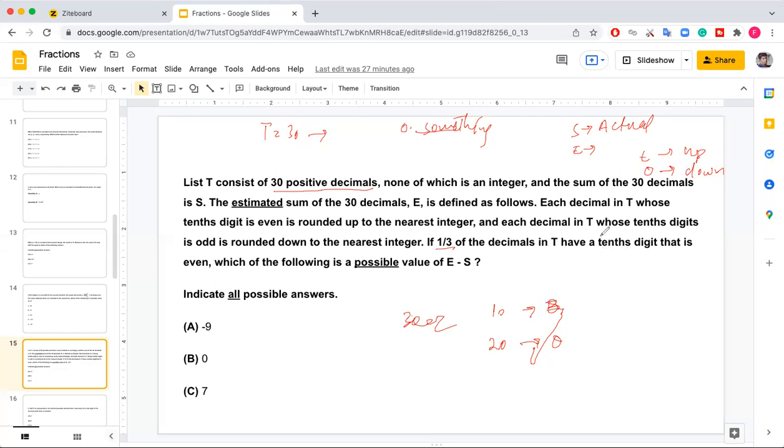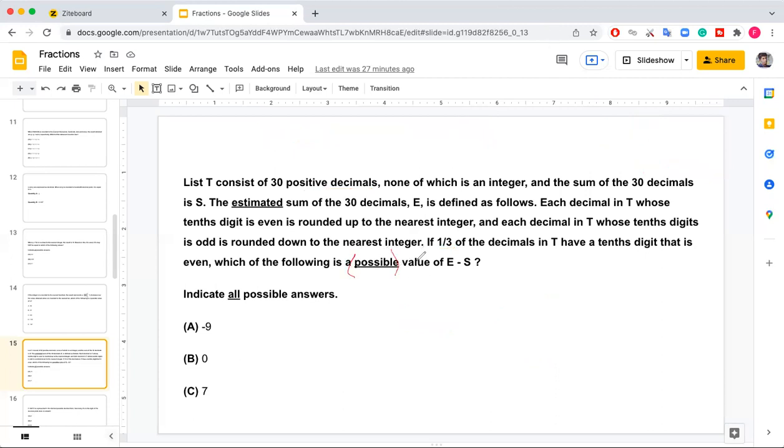Everything understood? I'm just reiterating what is said in this question. Okay, now see, I told you earlier, when the question asks for the possible value, try to come up with a range. This is the ideal way and the quickest way to solve this, right? Now let's solve this question. Better to solve it here.